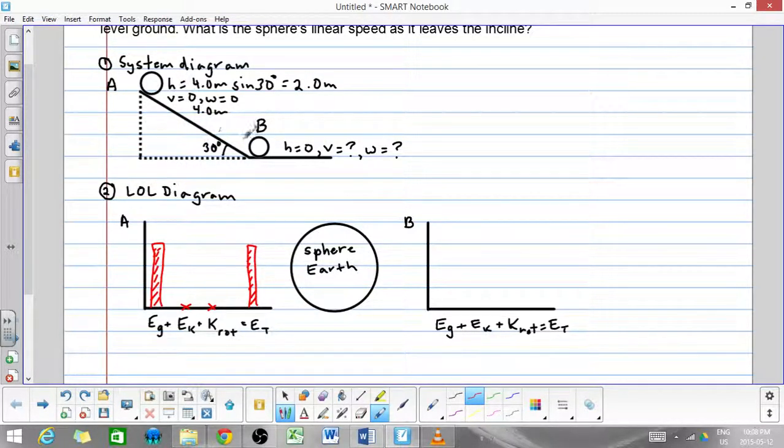But at the bottom, you're down to height level 0, so you've got no gravitational potential energy. The total energy is the same as it was.